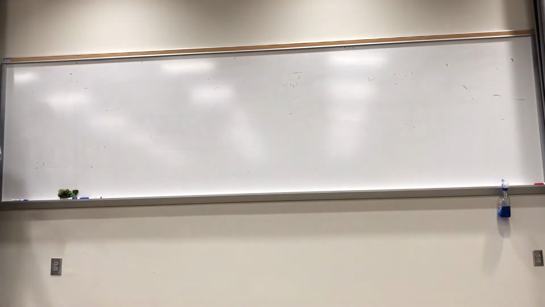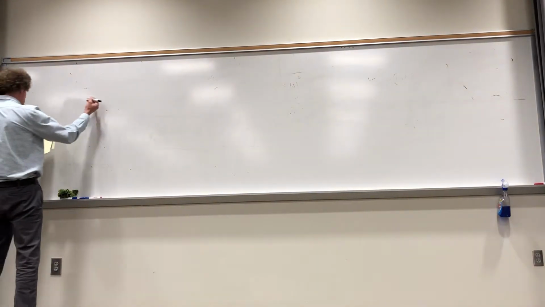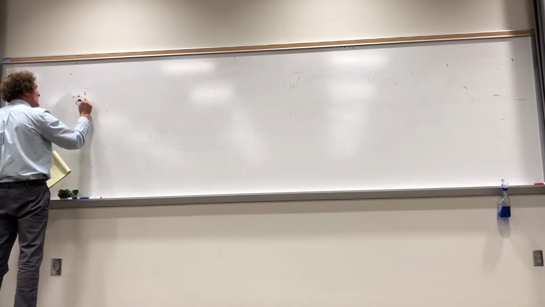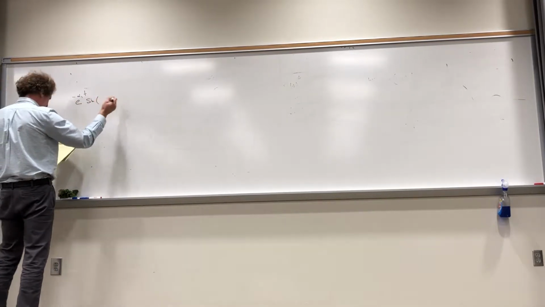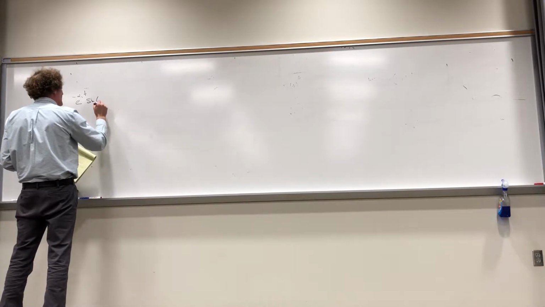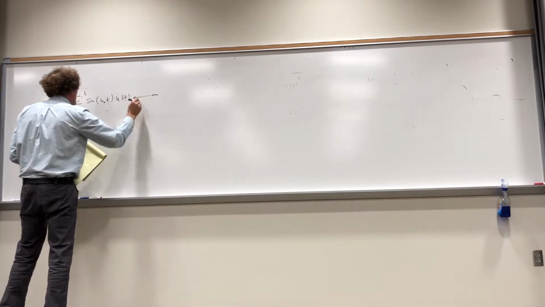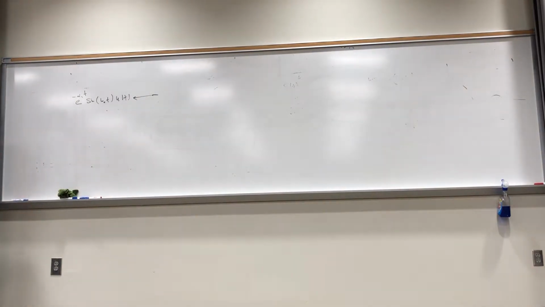I'm going to answer this question. There were forms of this question, all essentially the same. If you had e to the minus alpha 1 t times the sine of omega naught t, u of t, that was one of the things I asked you on the quiz.